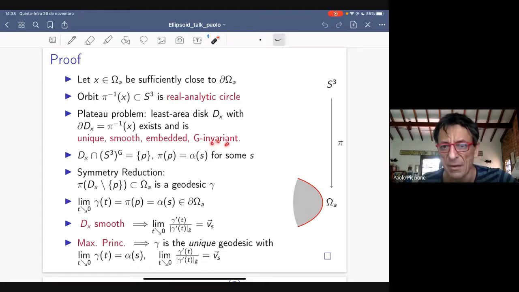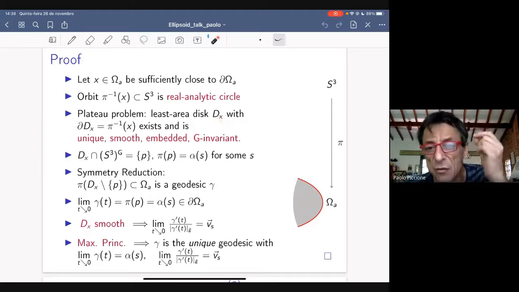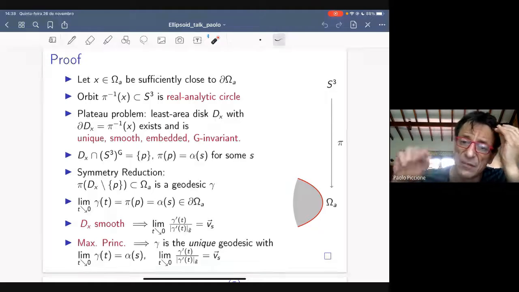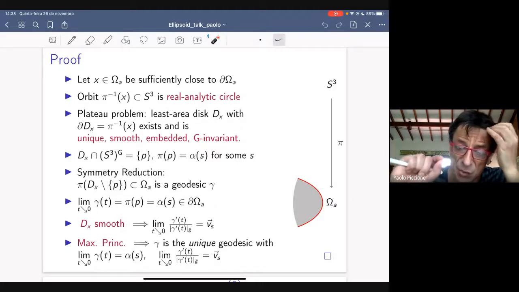And this invariance means that it's a union of orbits, and this implies that one of the orbits that composes this disk has to be a fixed point. Because, of course, if you have a disk which is foliated by circles, there must be just a trivial one, right?